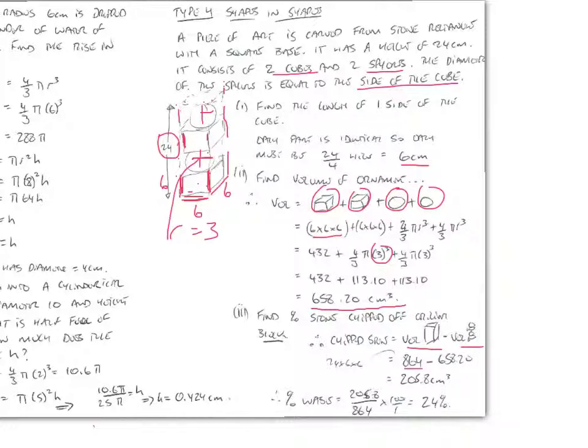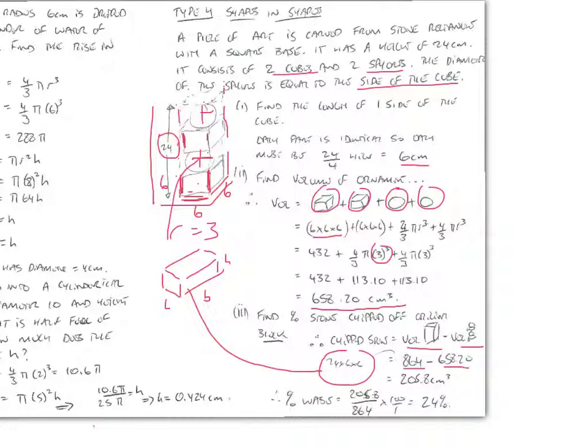So that's 864, because the volume of the original rectangle must be 24 by 6 by 6. Because we met that before when we got the volume of a rectangle. It's L times B times H. So 864 minus the ornament itself means that 205.8 centimeters cubed of stone hit the floor.